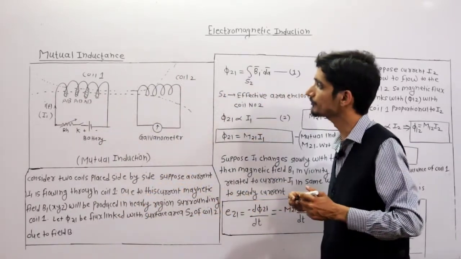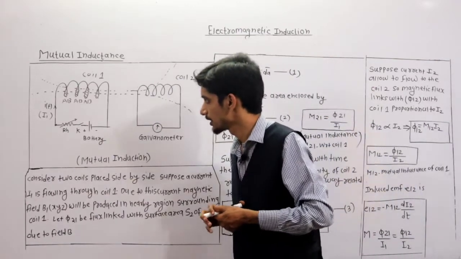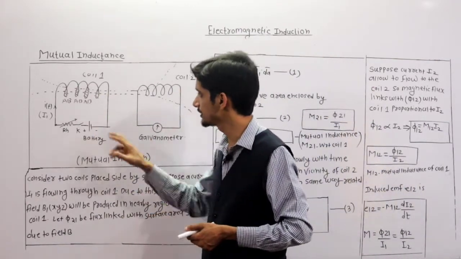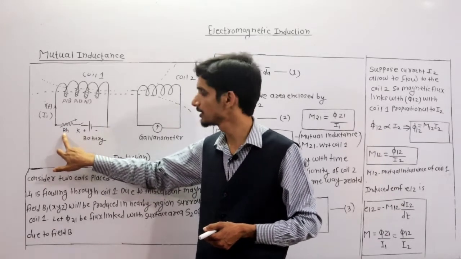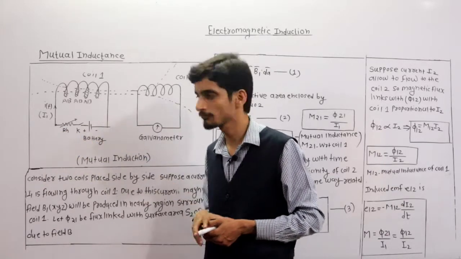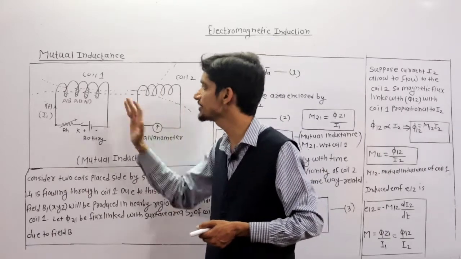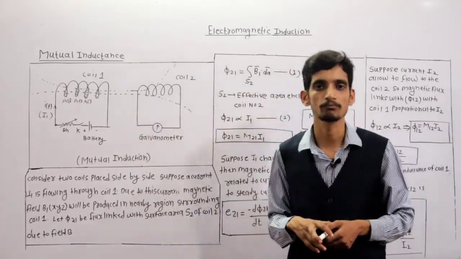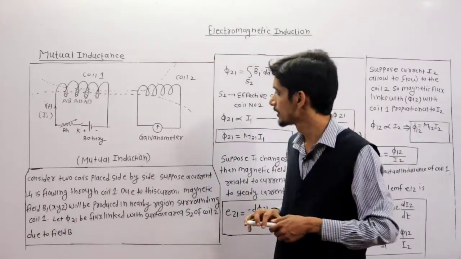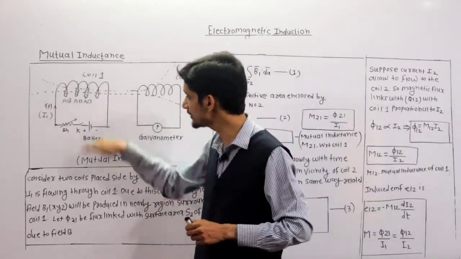Now listen here. What happens? The first coil is connected to a rheostat, which is to adjust the current, then a key and battery, and the second coil is placed in the vicinity of the first coil, and a galvanometer is connected across the second coil. Clear? Okay.